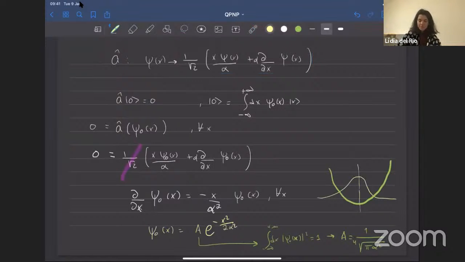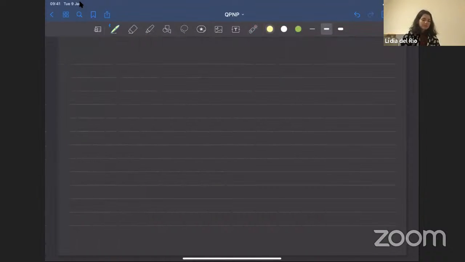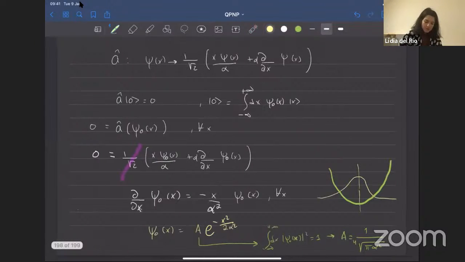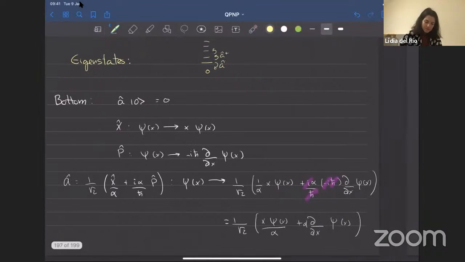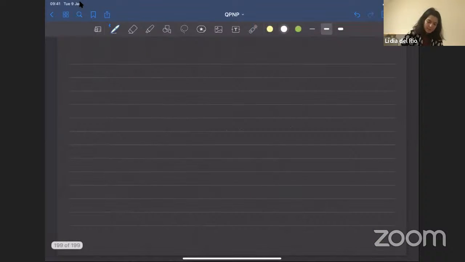So that's what this exponential looks like. It's a bell curve. Good. So this means we very easily got the ground state, and now we can build all the other states from here on. So this is the bottom, and now going up.